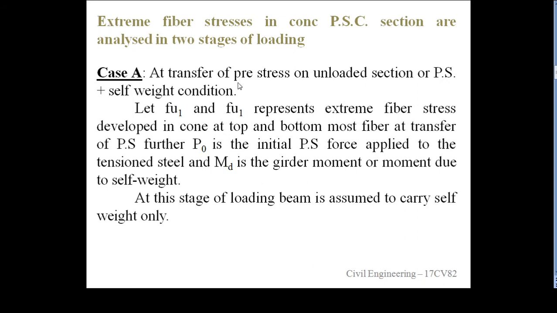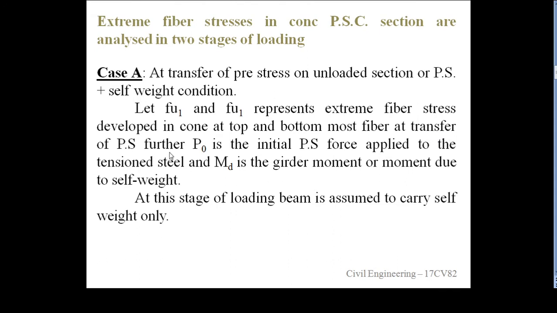Let us discuss case A, at transfer of prestress on the unloaded section, or prestress plus self-weight condition. Let fu1 and fu2 represent the extreme fiber stresses developed in concrete at the topmost and bottommost fibers at transfer of prestress.